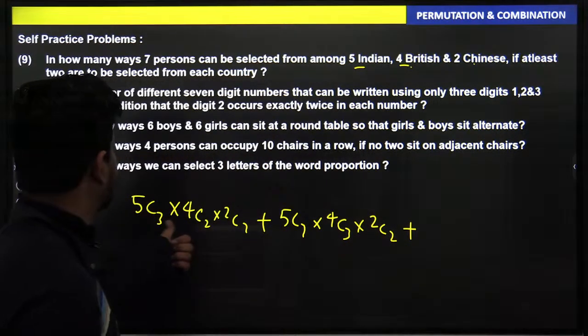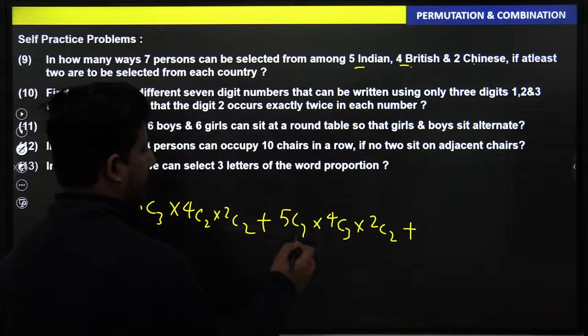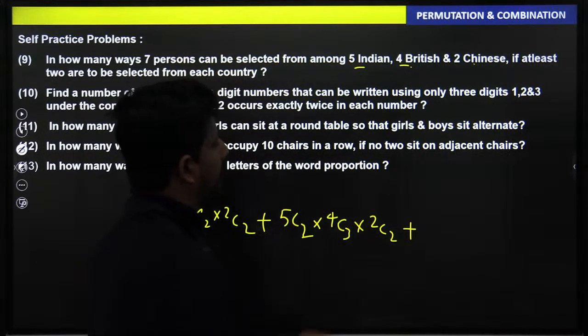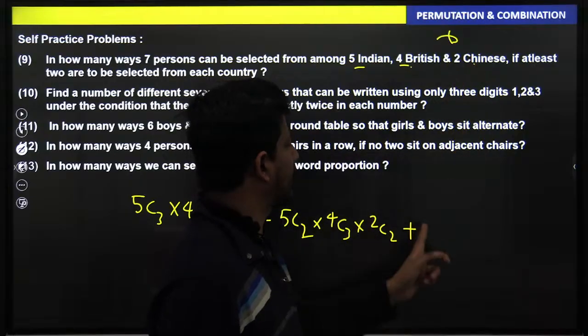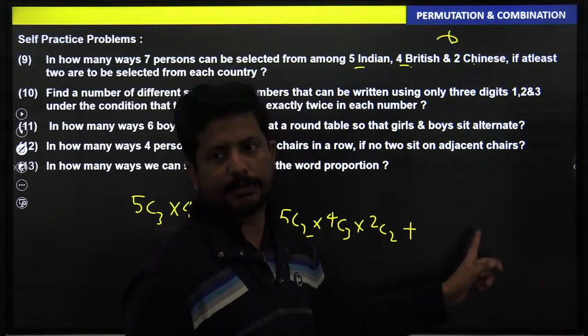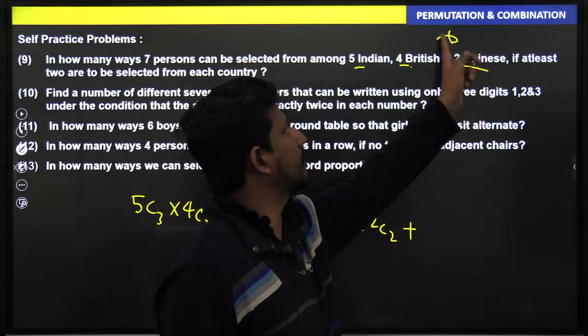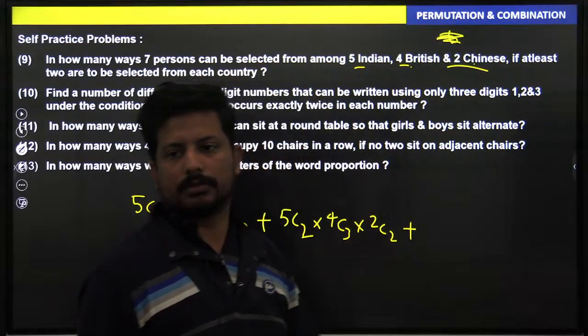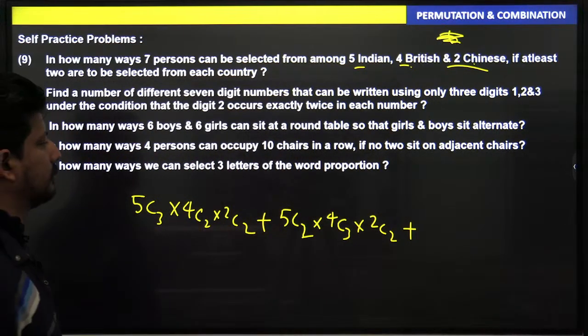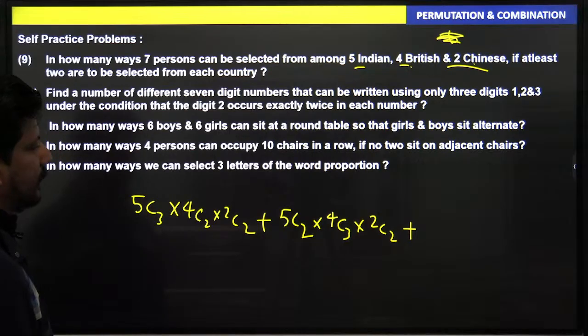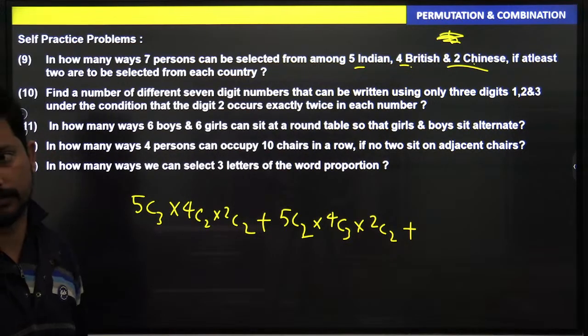So 2, 3, 2, 5, 2, 7. Here 2, 3 plus 5, 2, 7. If the Chinese members were 6, then we could add here also 4C2, 5C2 and 6C2. But Chinese members are only 2. So we cannot select 3 from 2. So these are your selections.